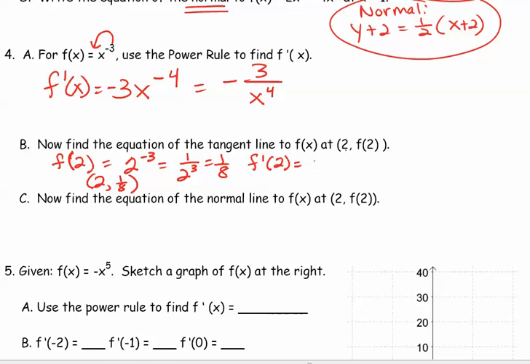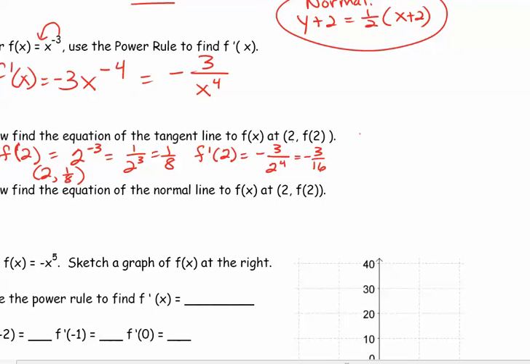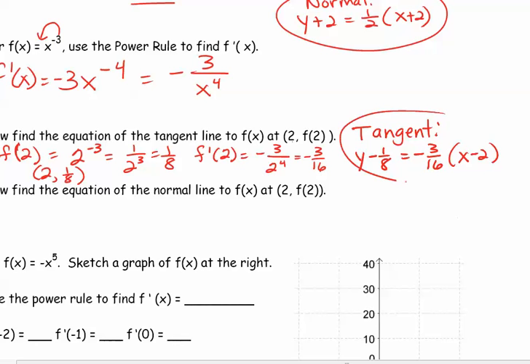So f prime of 2 would be negative 3/16. So I'll just slide over here so I have a little bit of room. So the equation of our tangent: y minus 1/8 is equal to negative 3/16 times the quantity x minus 2.